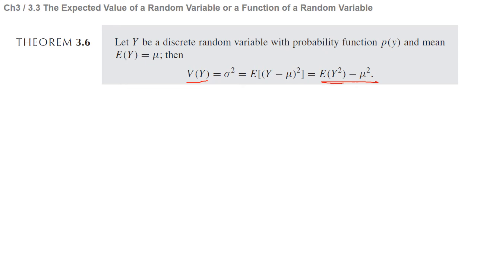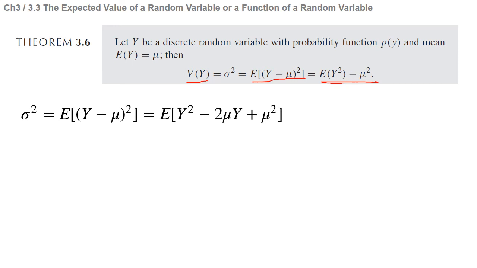Actually, this is proved by expanding this thing. Sigma squared, the expected value of (Y minus mu) squared, can be expressed this way: expected value of Y squared minus 2 mu Y plus mu squared.